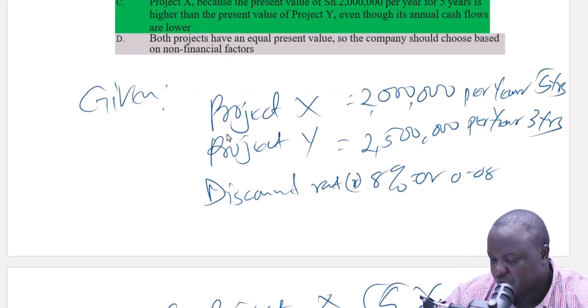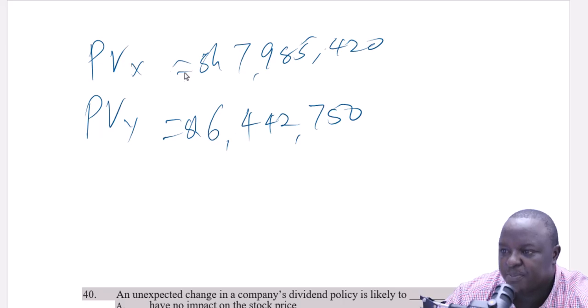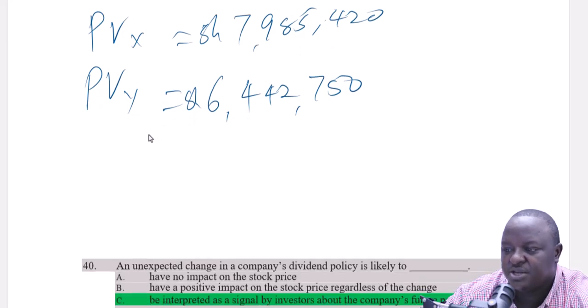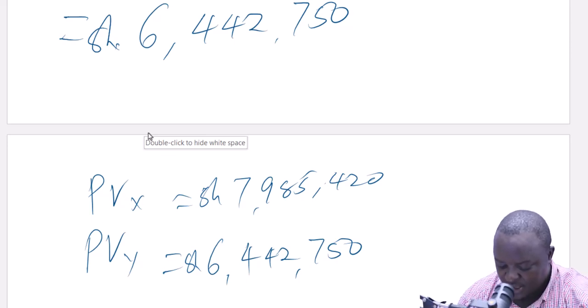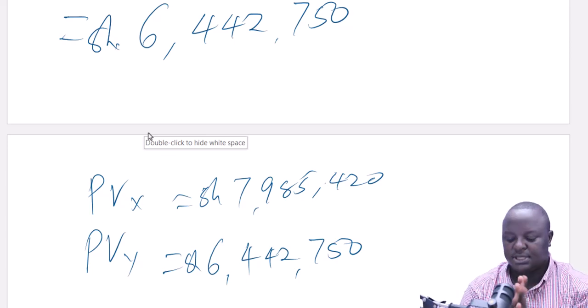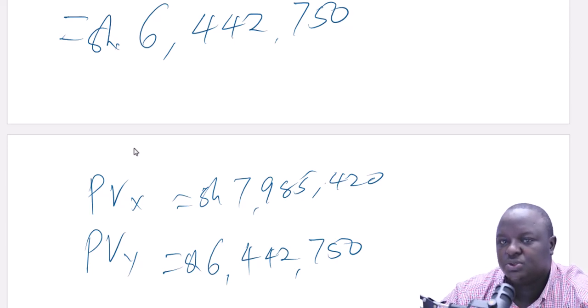So because we have found that the present value for project X is 7.9 million, while the present value for project Y is 6.4 million, you should choose project X because the present value is higher compared to project Y. So that is it, that is the end of question 30.